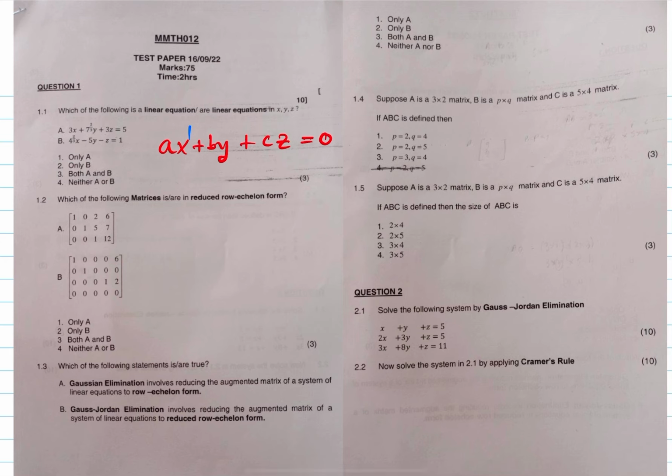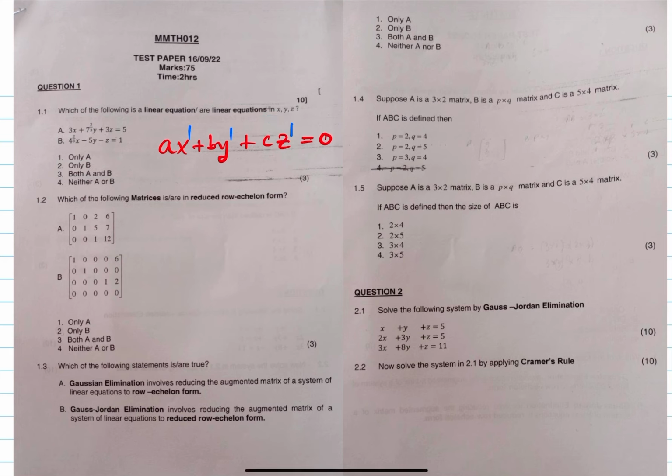You've got the exponent of x, y, z, which makes it linear. Linear means the exponent of the variable has to be 1. If it was quadratic, you're going to have ax squared plus bx plus c. I guess you know it's a quadratic. So for linear, you only focus on the variables x, y, z. Hence, they said in x, y, z.